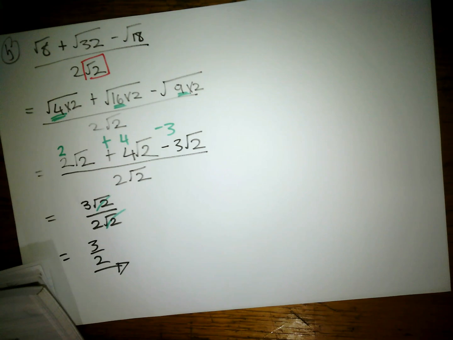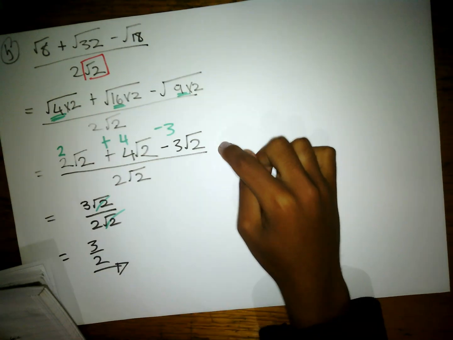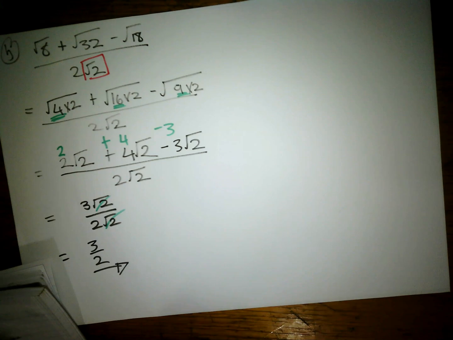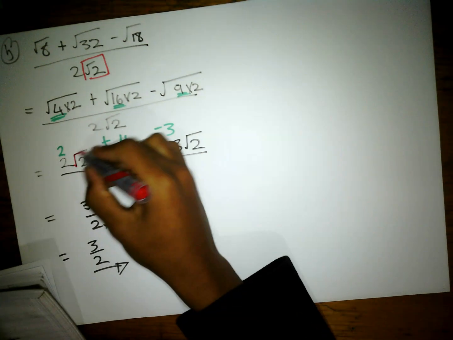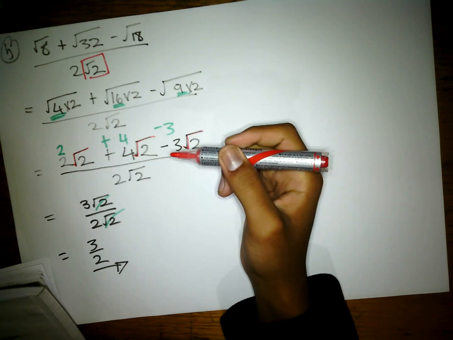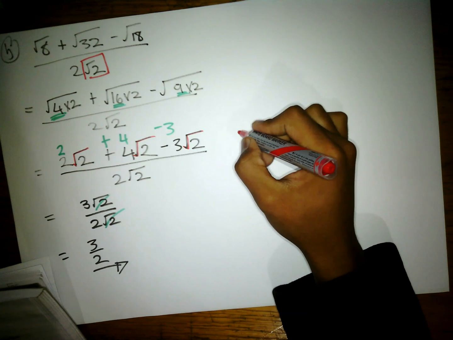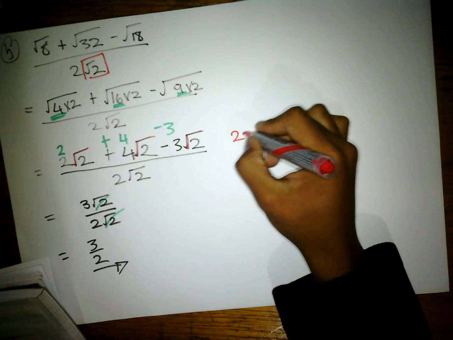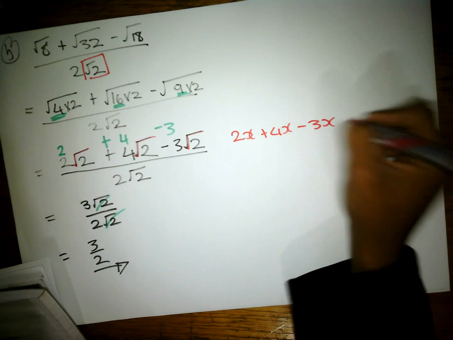Sorry, sir. Can you maybe go back to before the 3, the big one? With the green, yes, please. Okay. So we can't do anything with this. This is what this is saying: basically it is a 2x plus a 4x minus a 3x.